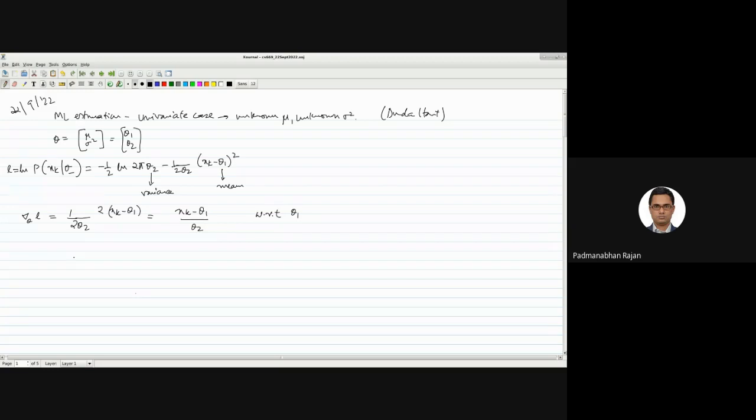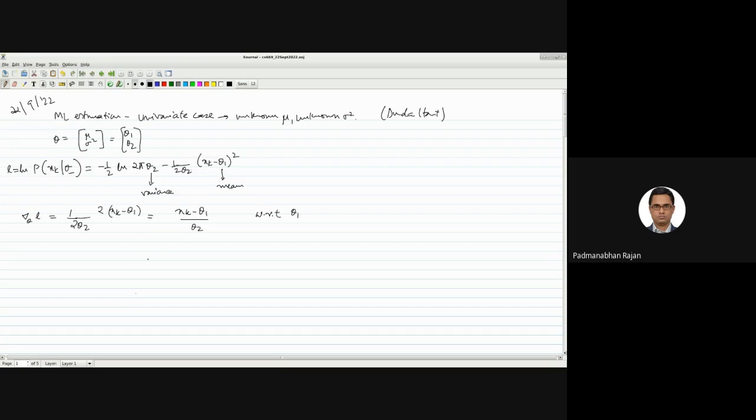The second part of the derivative is with respect to theta2. The log term is log of x, and the derivative of log x is 1 by x. The term xk minus theta1 the whole square is a constant, so this is theta2 to the power minus 1, the derivative of which is minus 1 times theta2 raised to minus 2.